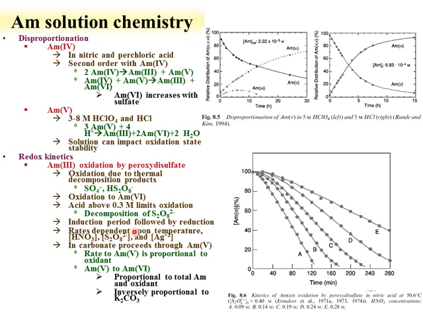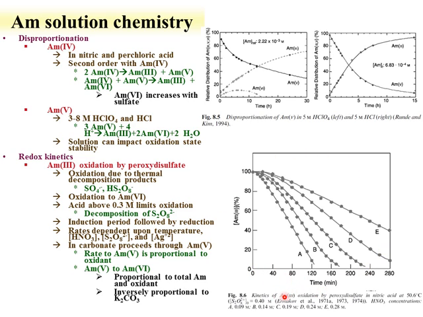It is found that the rates of oxidation are dependent upon temperature, nitric acid, and then which oxidizing agent one is using. In carbonate systems, the oxidation can proceed through americium-5. The rate for the formation of americium-5 is found to be proportional to the oxidant. And kinetics of americium-3 oxidation has been examined.